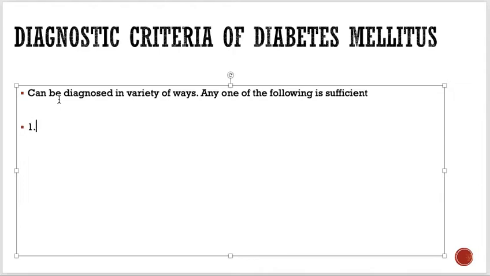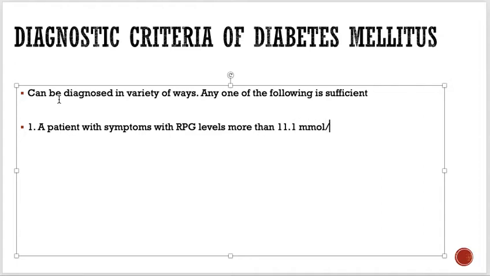Now, number one, a patient with symptoms, which I already told you, with random plasma glucose levels of more than 11.1 millimole per liter. I am using the words random plasma glucose, I'm not saying fasting.